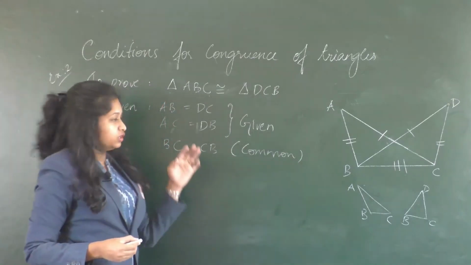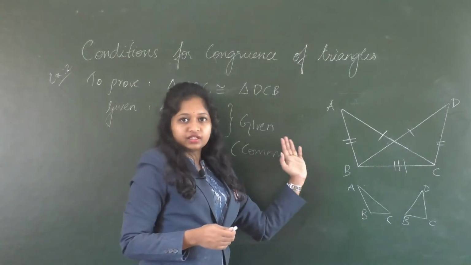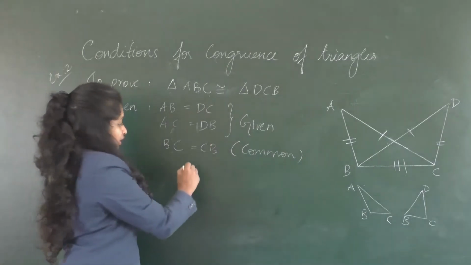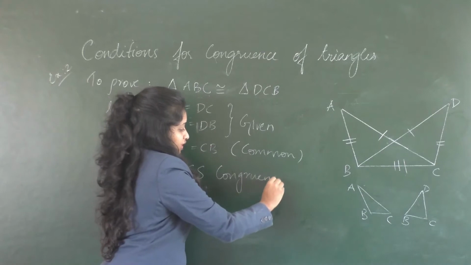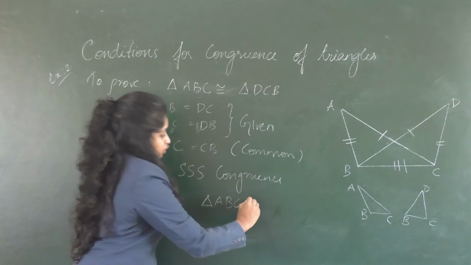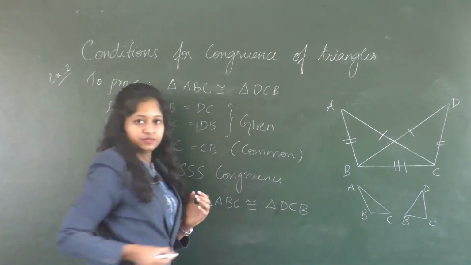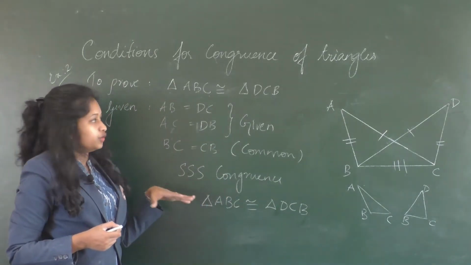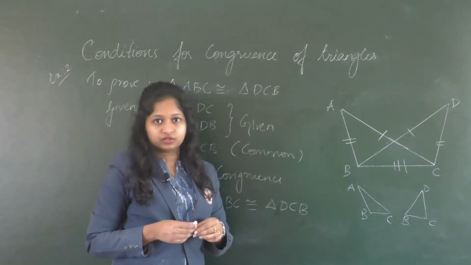That means we got three sides of one triangle and the corresponding three sides of another triangle. So by SSS congruency, we can conclude that triangle ABC is congruent to triangle DCB. So this is the condition applied to prove that triangle ABC is congruent to triangle DCB.